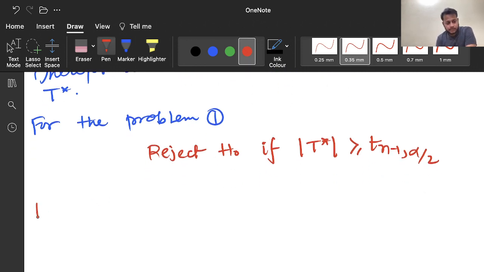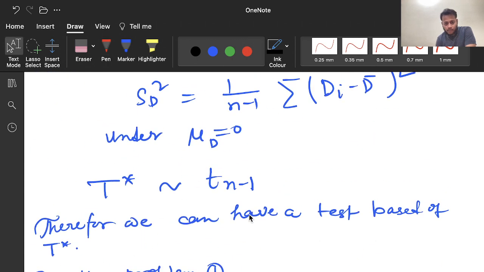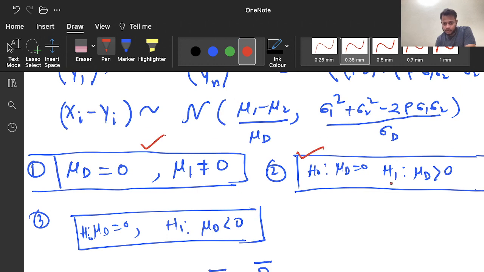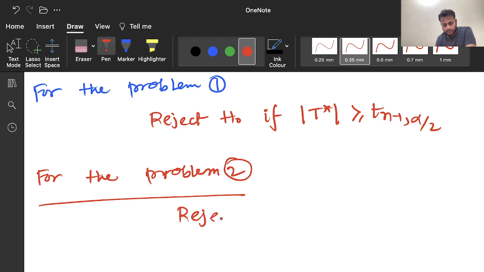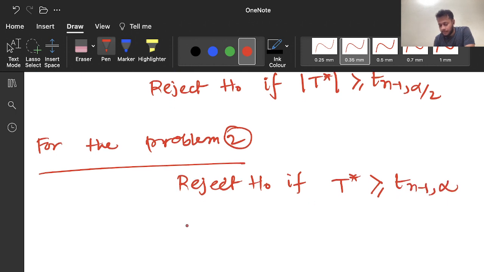For problem 2, this is a one-sided hypothesis, greater than 0, so reject H0 if t star is greater than or equal to t(n minus 1, alpha).